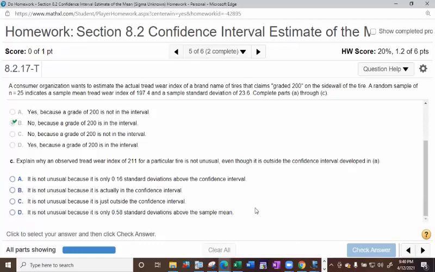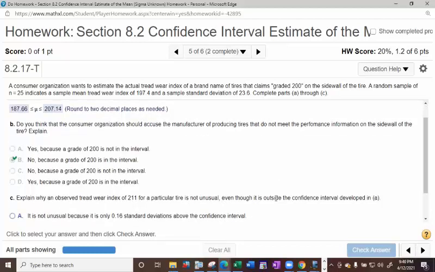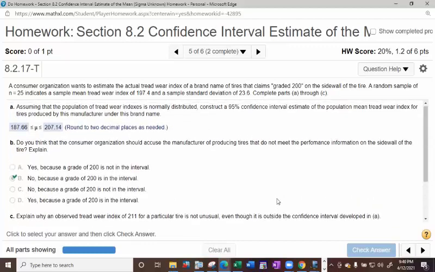Tread wear index. Okay. No, we still calculate it as the population mean. Sample mean 197.4. So it would be 211 minus 207.14, 3.86.